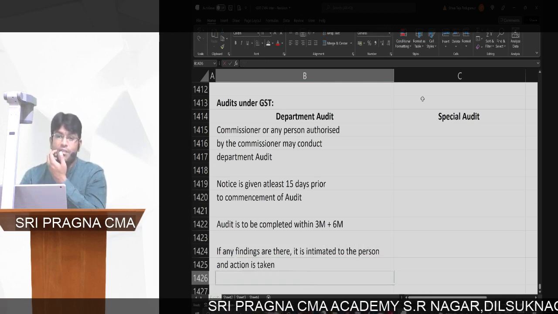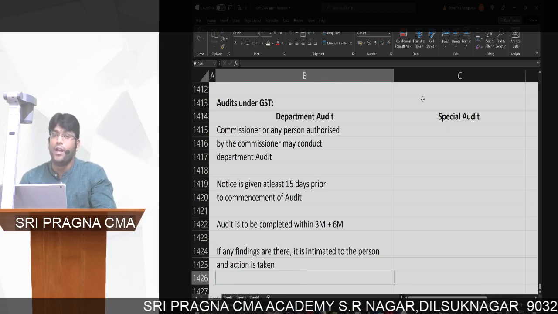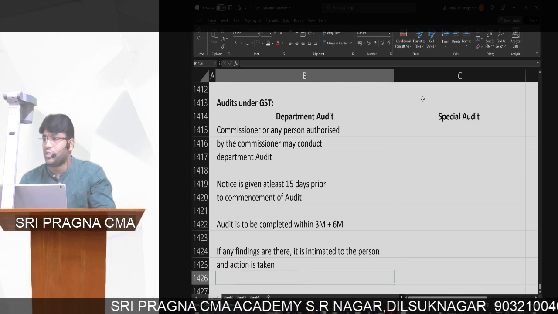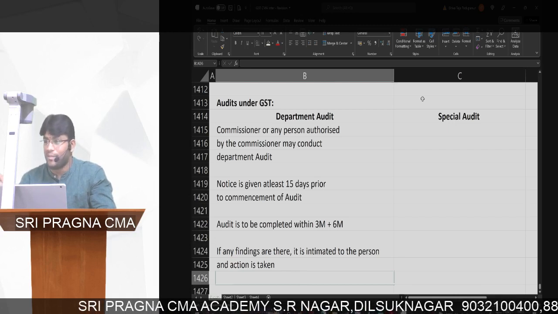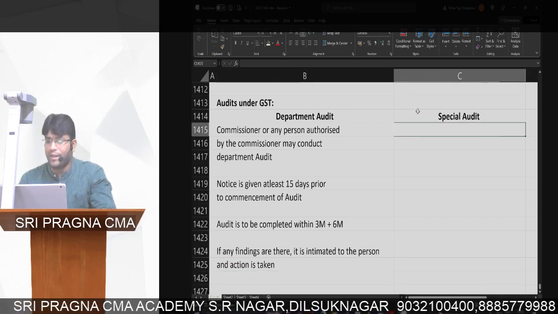What is that action? Learn in CA final. There is something called demands and recovery. Recovery in case of other than fraud. Recovery in case of fraud. A lot of interesting concepts are there in CA final. So I'm going to say CMA final, both are the same only. Is that clear, no? Hold on, don't wait for 2 minutes.